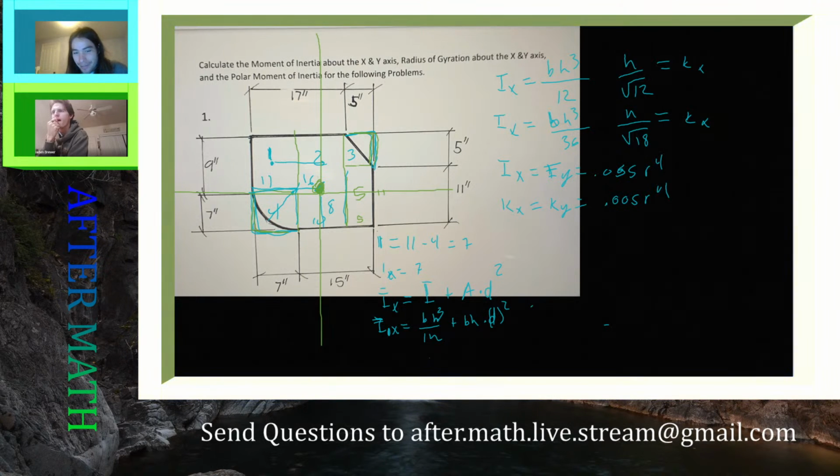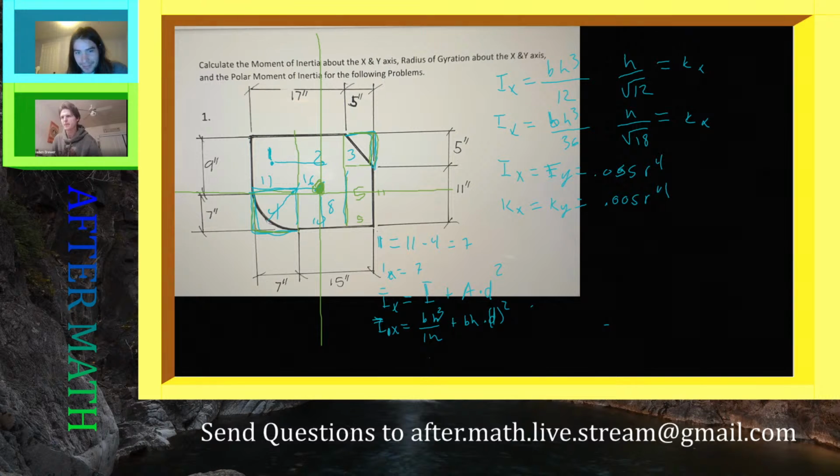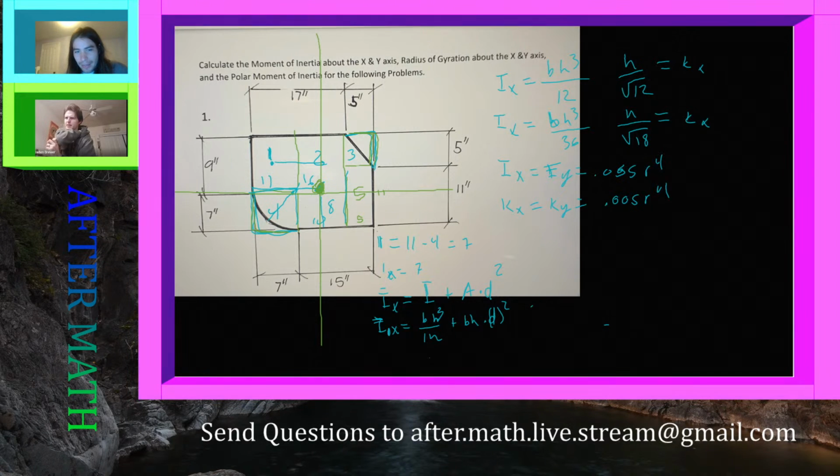And that gives us our I of x, which I believe is going to be the moment of inertia about the x-axis. And then we're going to have to do it again for the y, but luckily I think for most of these, the y and the x are going to be pretty similar. The only thing that's going to change is our distance, I believe. Right.